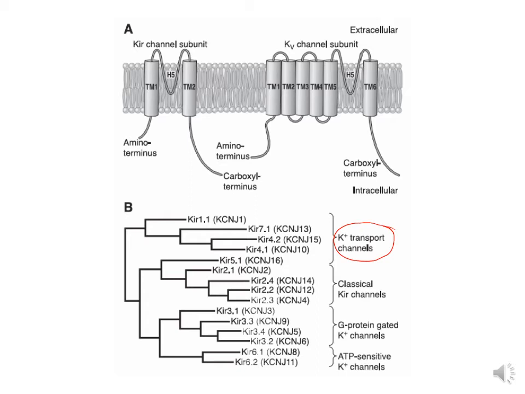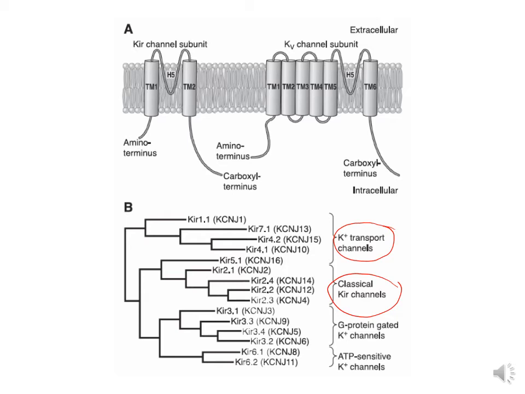KIR2 channels and also KIR5, in particular KIR2 channels, are the classical KIR channels. Those classical KIR channels are usually open at resting membrane potentials and have that important role in clamping the membrane potential close to EK.